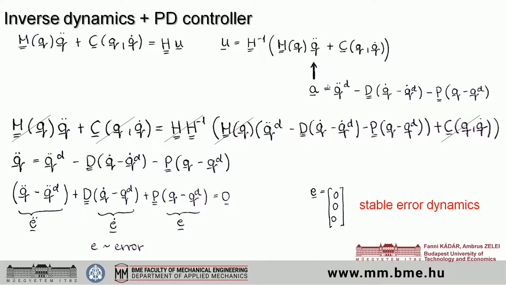And if we substitute back the control input into the right hand side of the equation of motion, we will see that a lot of terms will cancel out, and finally we obtain a stable differential equation for the positioning error.